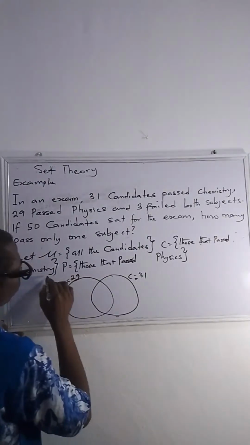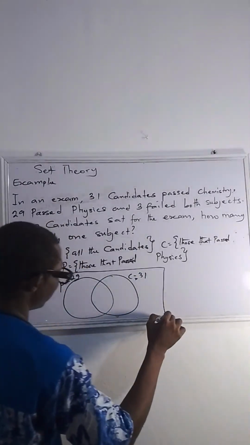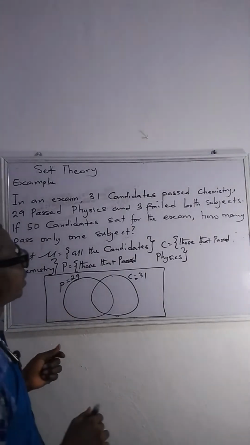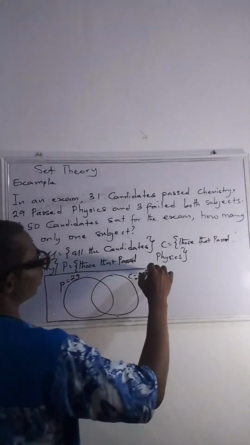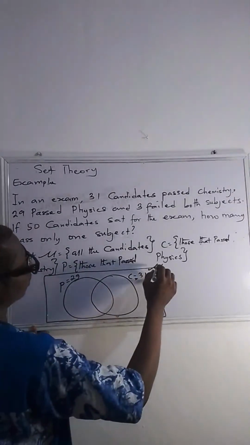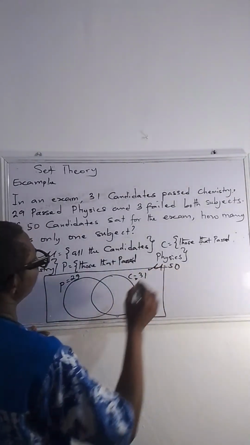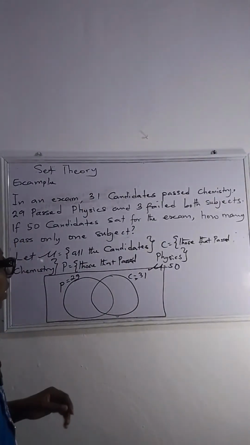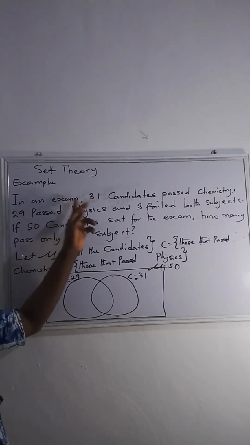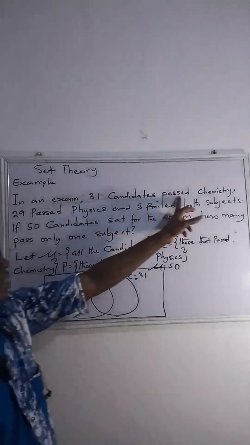All of these will be inside the universal set. The total number of students that sat for the exam will be 50. Now let's go through the question again. In an exam, 31 candidates pass chemistry.